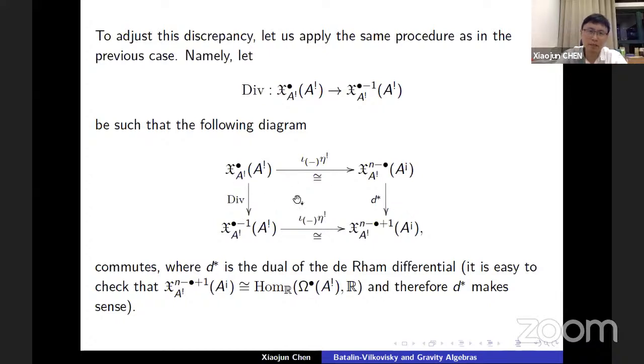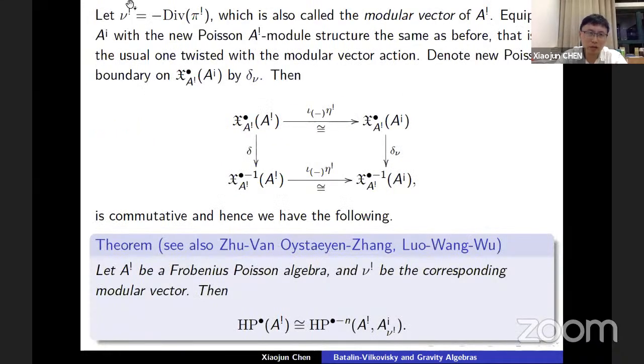So we get the following commutative diagram. And let the new Shrek be the divergence of pi again. So we still call it the modular vector. Then with this, we get a new Poisson structure on this anti-Shrek. As before, we have to twist with this modular vector action, and denote this new Poisson co-boundary by delta nu. Then we have the following commutative diagram. You see this horizontal one is always the isomorphism.